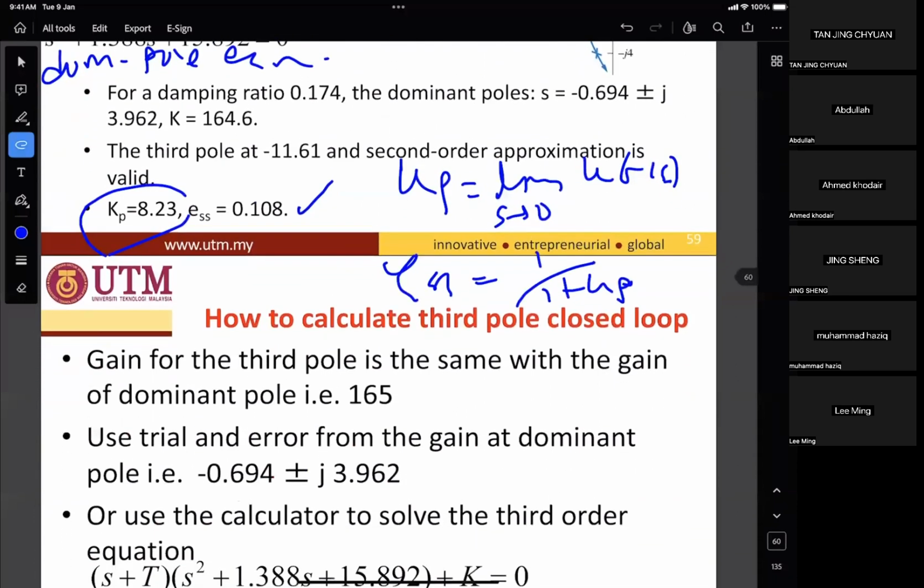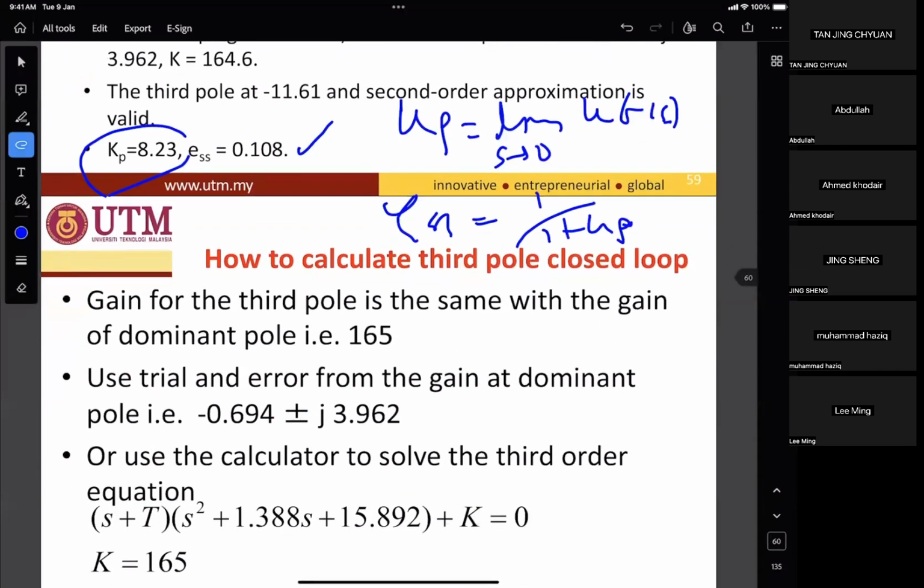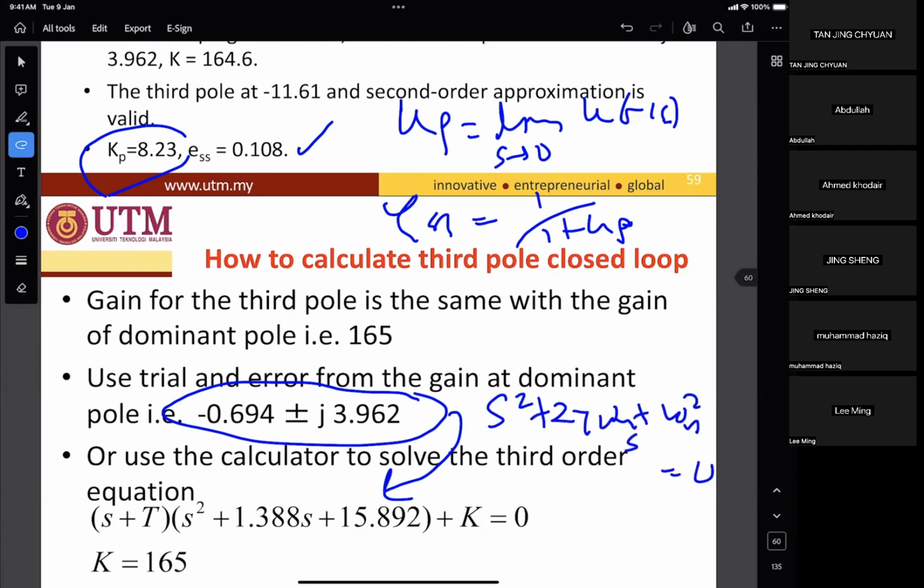So how to calculate the third pole in the closed loop? As usual, using the characteristic equation. This is another way. We take this dominant pole equation, and insert it inside here as a quadratic, s square plus 2 zeta omega n s plus omega n square equal to 0.